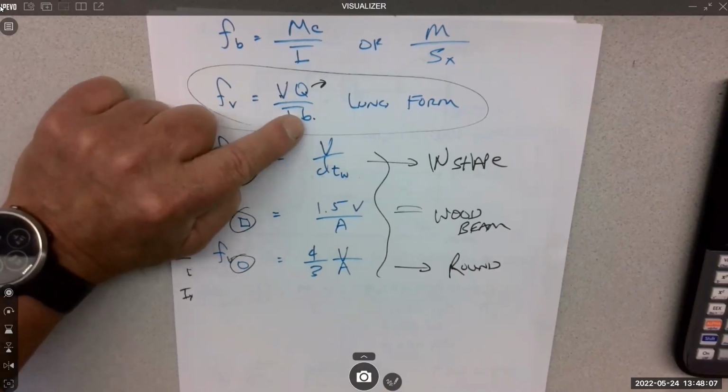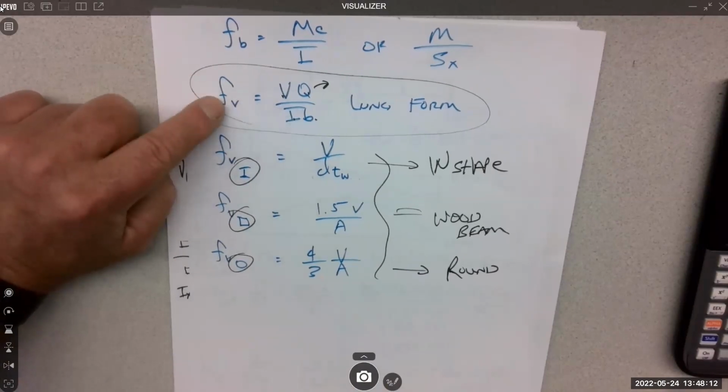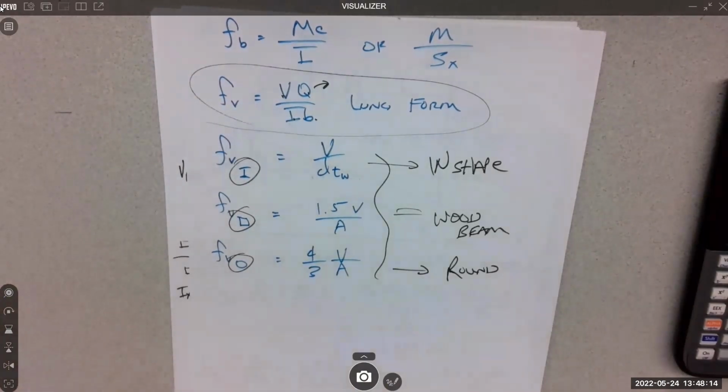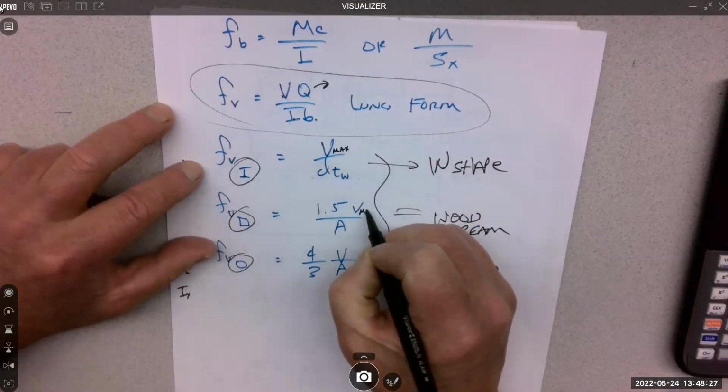B is the base at the point that you're calculating the shear stress. And when we calculate shear stress, we are calculating it at the neutral axis. That's where it's maximized. So those are all Vmax. That's correct. I should actually be writing that.